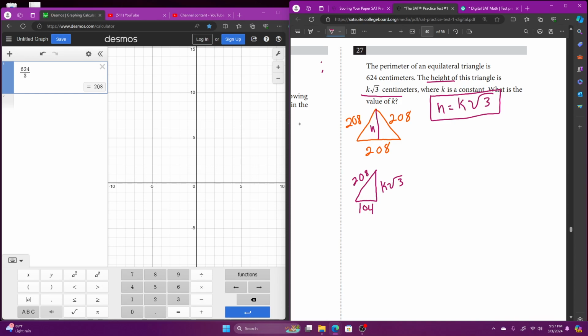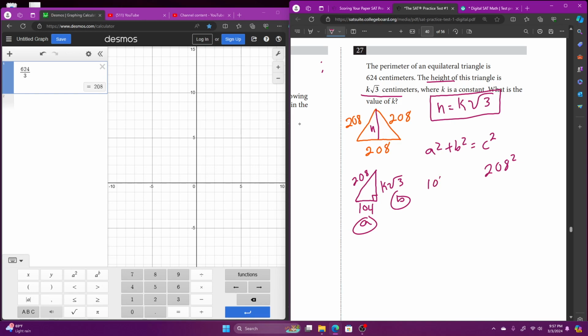And we can use our Pythagorean theorem to find what k square root of 3 is equal to. So a squared plus b squared equals c squared, where c is the hypotenuse. The longest side is across from the 90-degree angle. So that's 208 squared. And the other two we can just say are a and b.